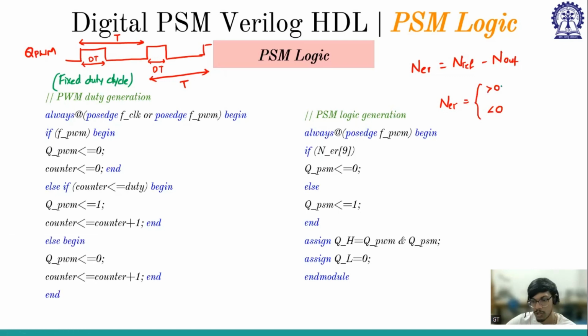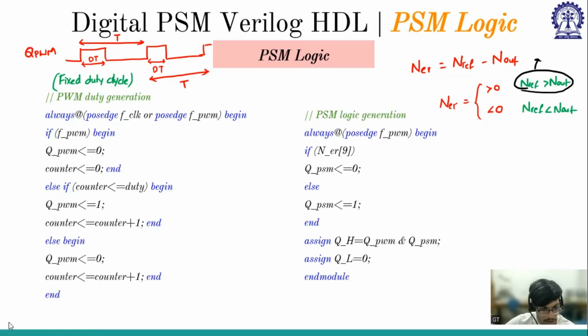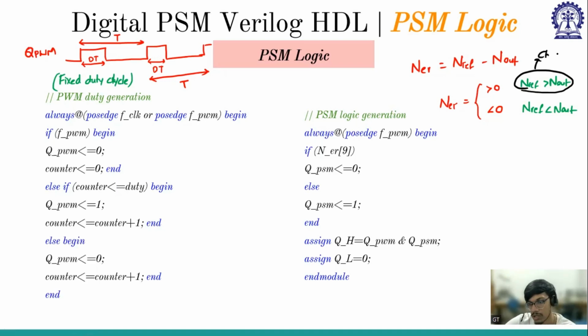It is positive when n reference is greater than n out, and if it is less than 0, it is n reference less than n out, right? When n reference is greater than n out, what should happen? It should charge. So in this condition, it should charge, and in this condition, it should skip.